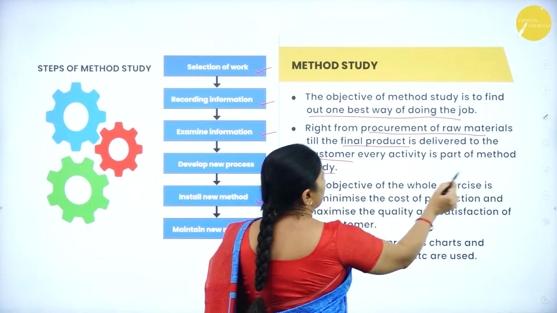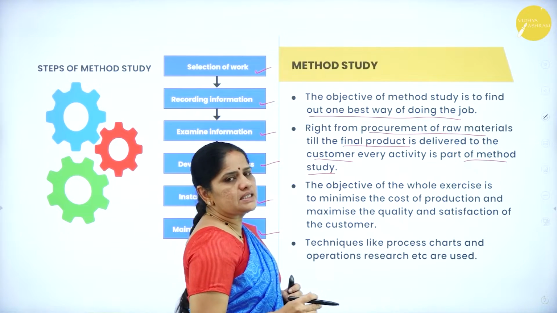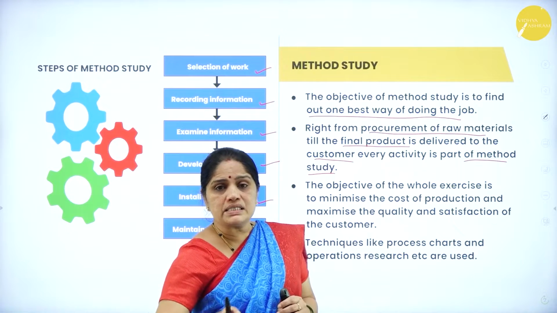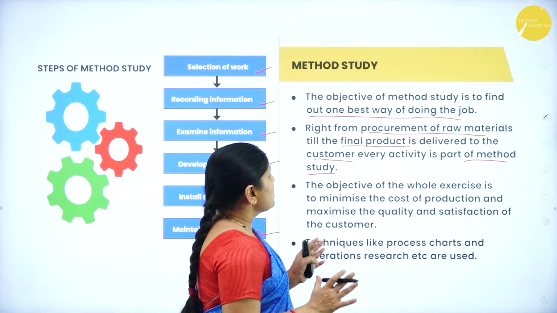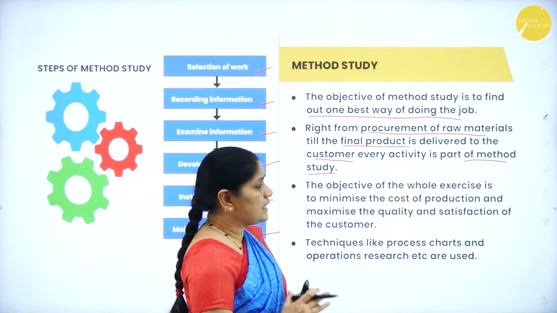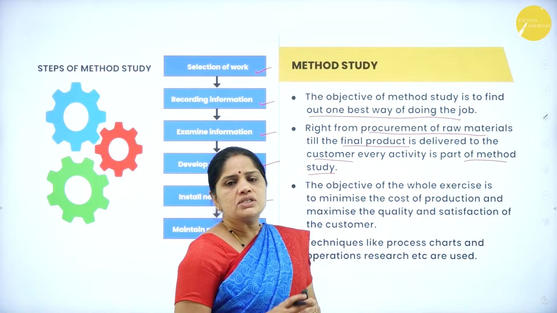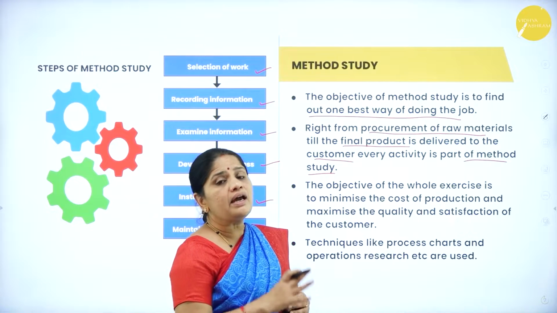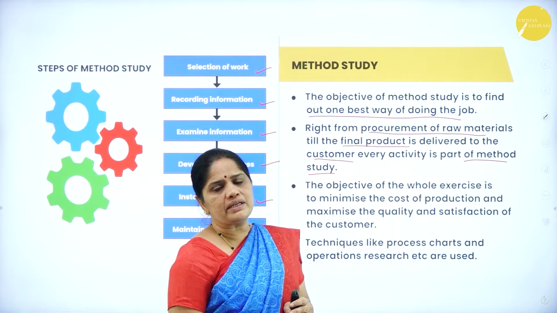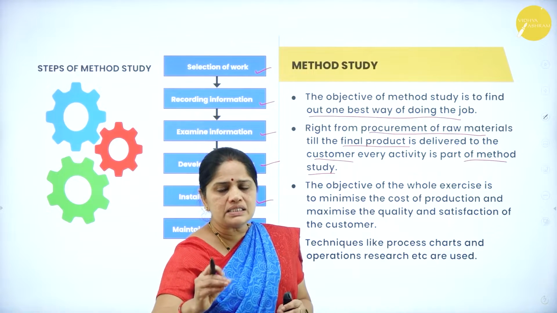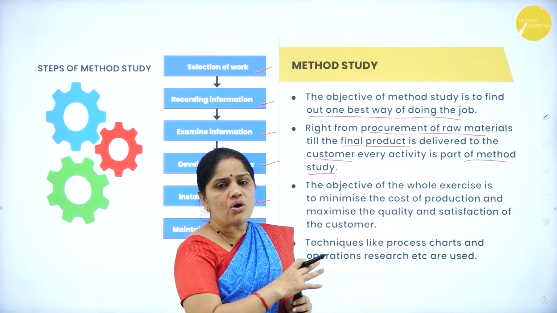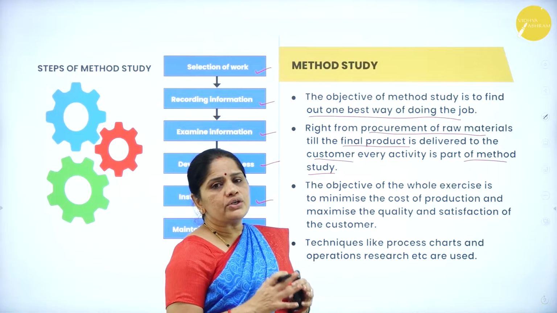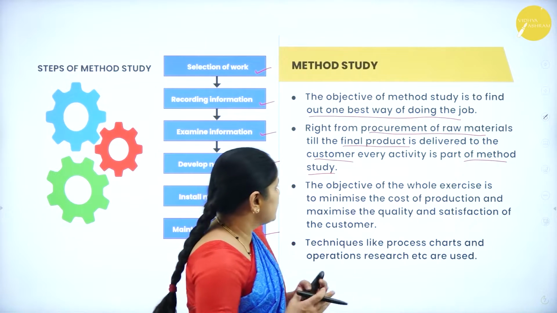So right up to the product reaching the hands of the consumer, everything is a part of the method study. There is constant monitoring of every activity, right from purchase of raw material till the product reaches the hands of the consumer, to improve the method of study.